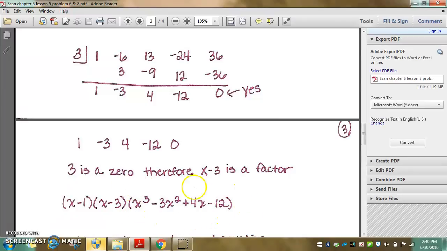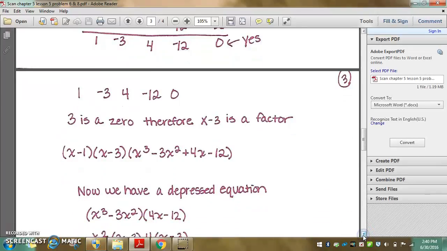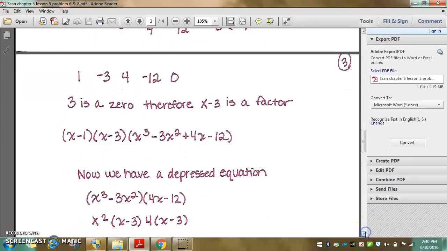Remember, any real 0 of this is a real 0 of our original function. If you take a look, we have 4 parts to it. So therefore we can go ahead and pair these up, and we can factor out. Pair these two, and we're going to factor. These two have an x squared in common. Take an x squared out of this, we're going to be left with x.